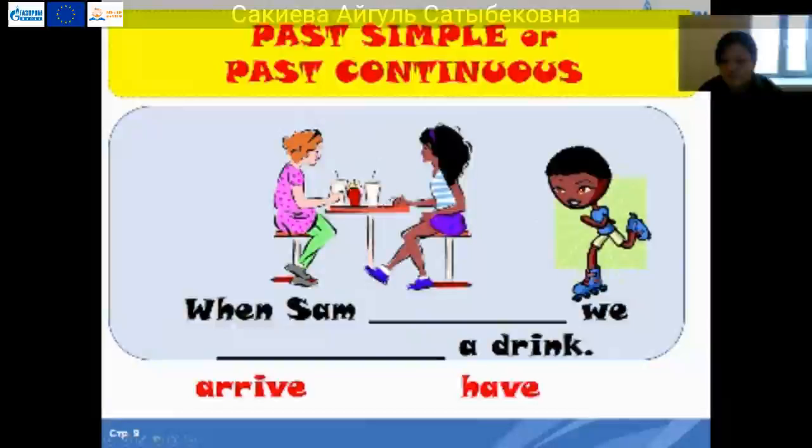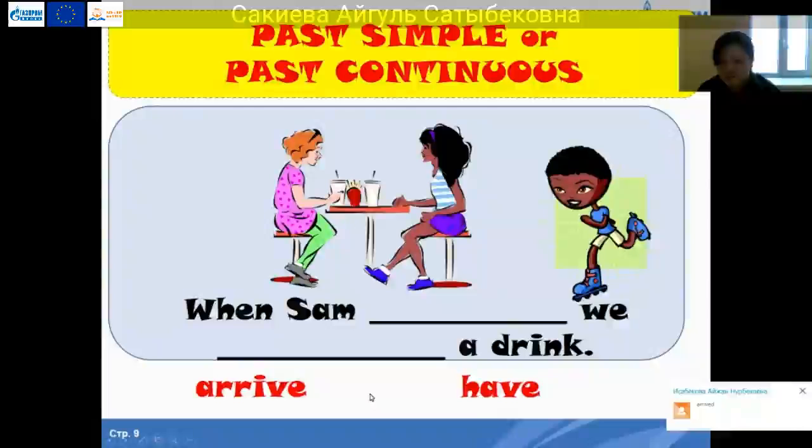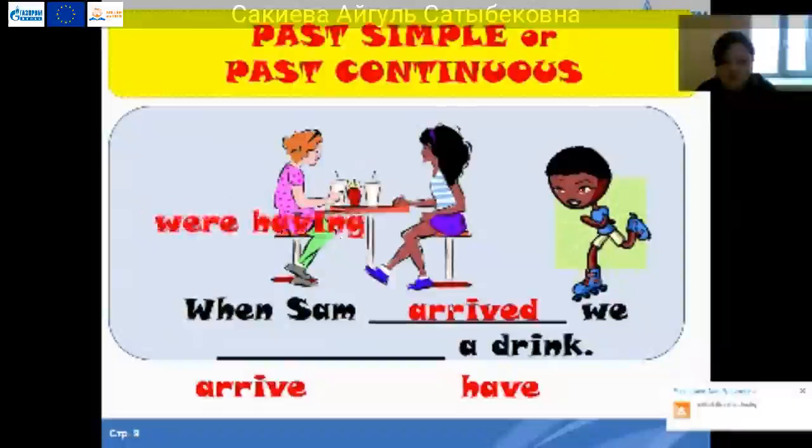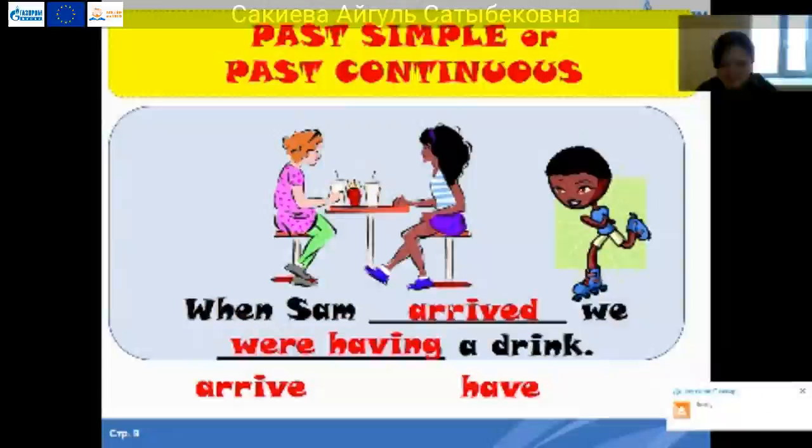What were we doing at that time when Sam came? So the first one, you think, arrived. Yes, Aijan. What about the second one? Arrived and we're having. Let's check. Yes, when Sam arrived. This is past simple. What were we doing? We were having a drink.